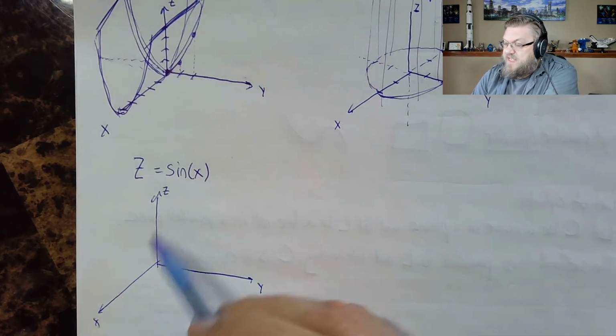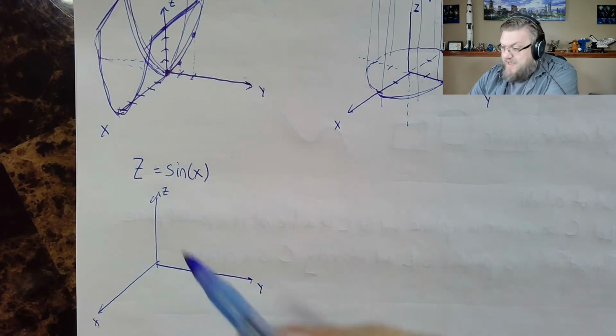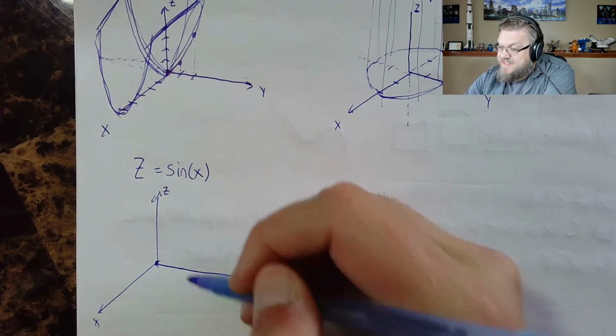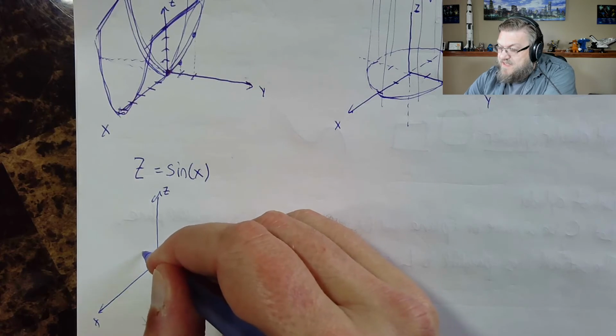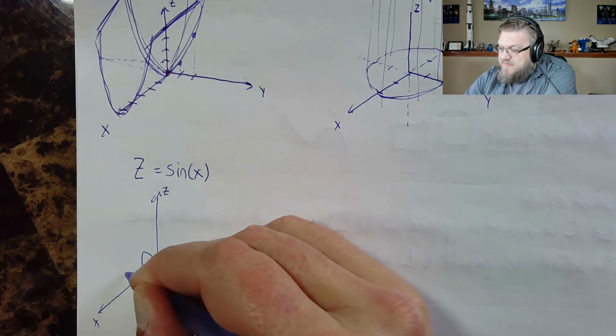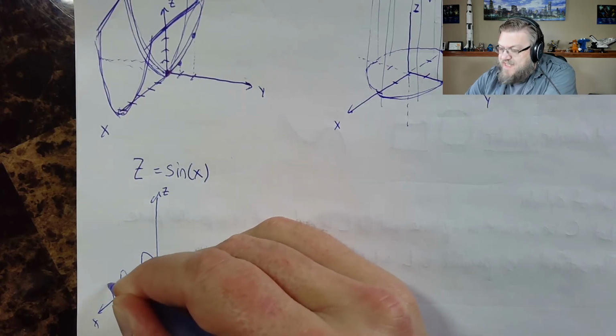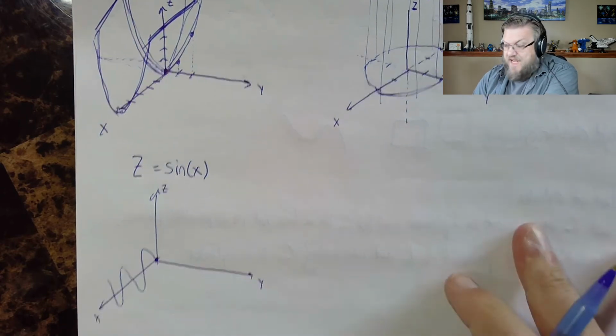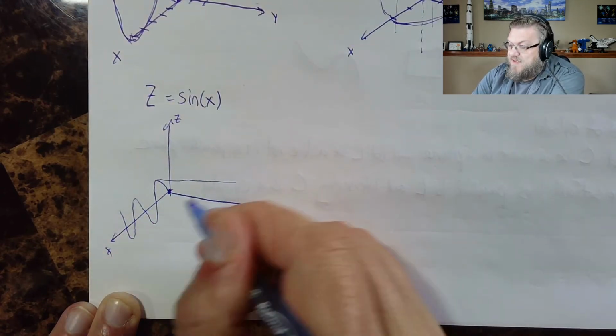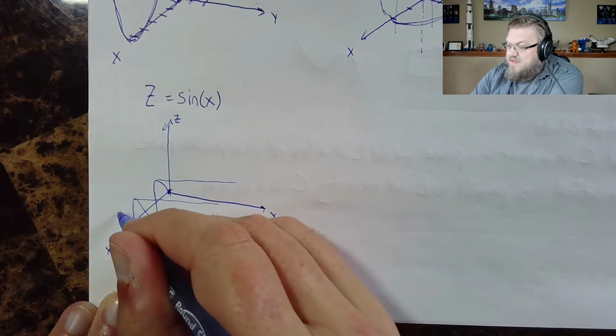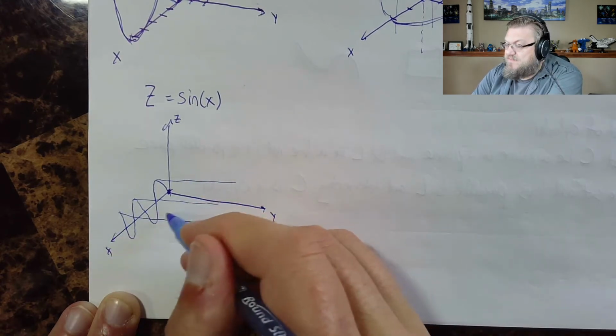So I'm in the xz plane, and I know sine would go up like this, and then go down like that, go up like this, go down like that. And I would have copies of this all the way down the y-axis, like this.